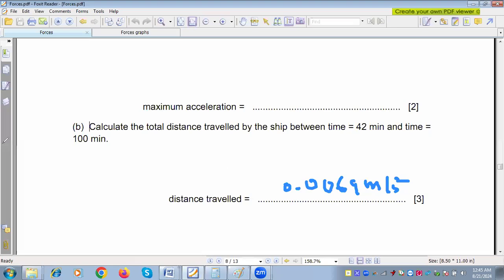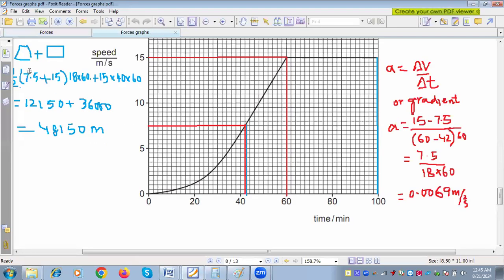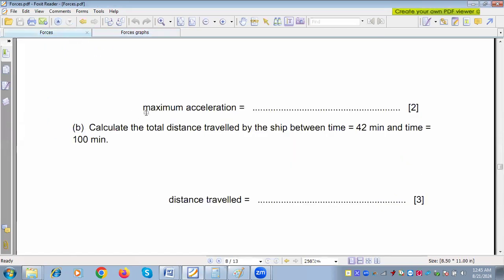Let me delete this part. This was the answer of the previous part. So this area is the distance between 42 minutes and 60 minutes when the speed becomes 15 meters per second. Wait a minute, let me check the question once again.